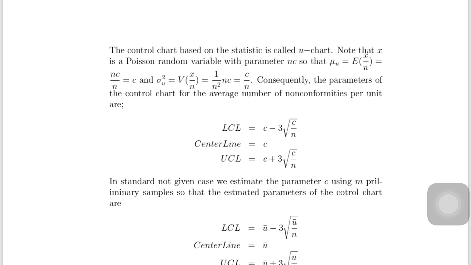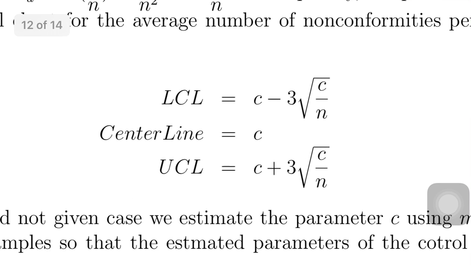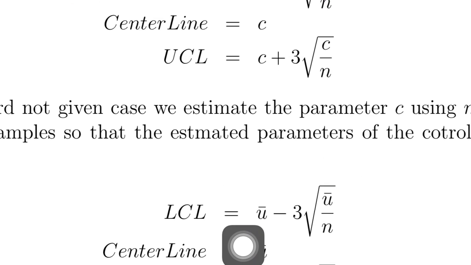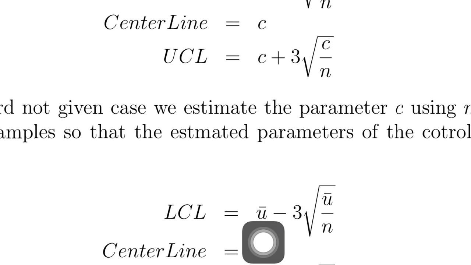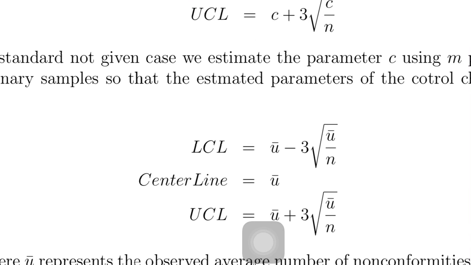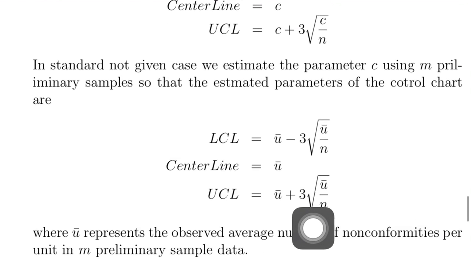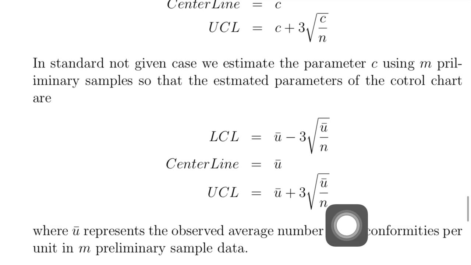So you have to establish a control limit in your first phase of application of the control limit. So you have to utilize LCL equal to U bar minus 3 into root of U bar by n. Central line is equal to U bar and UCL is equal to U bar plus 3 into root of U bar by n.